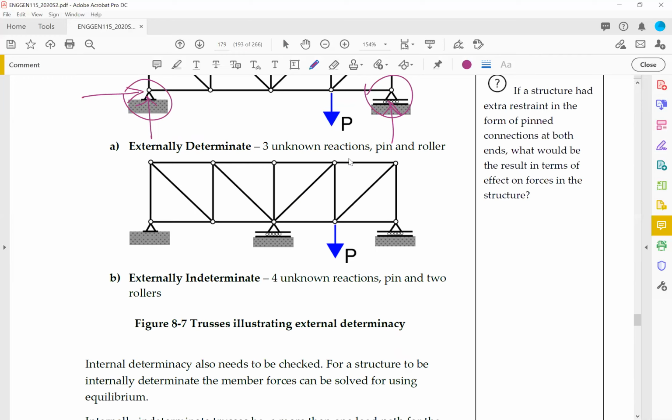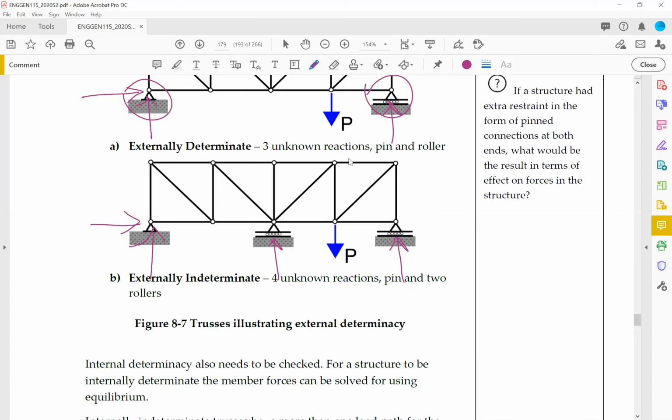Take this one for instance. Here we have a pin with a vertical and horizontal reaction. We have a roller with a vertical reaction and another roller with a vertical reaction. We now have 4 reactions that we need to calculate, but we only have 3 equations.